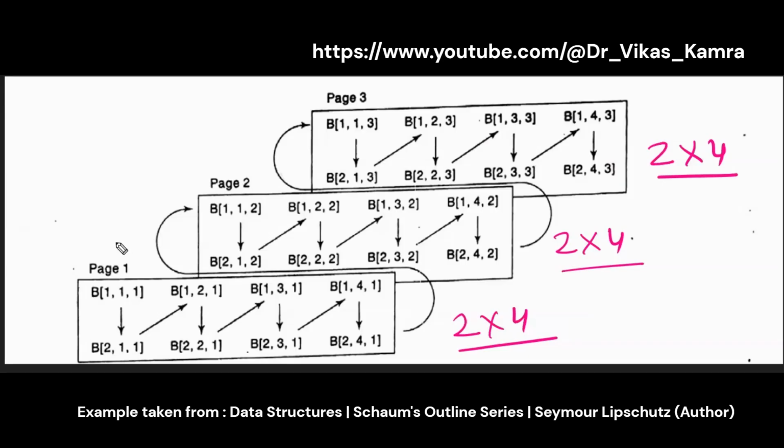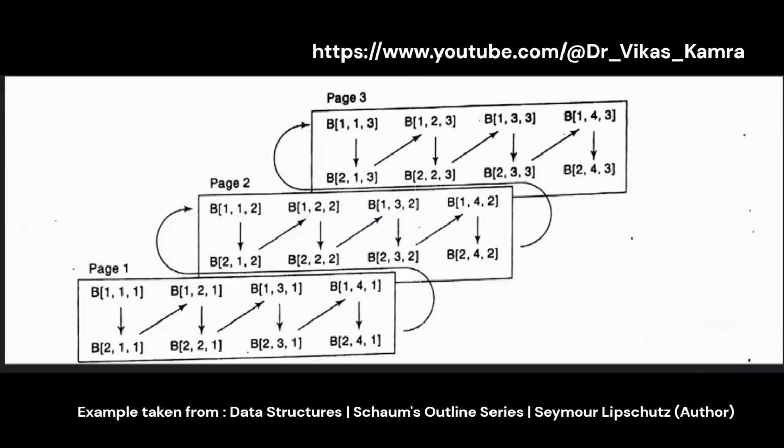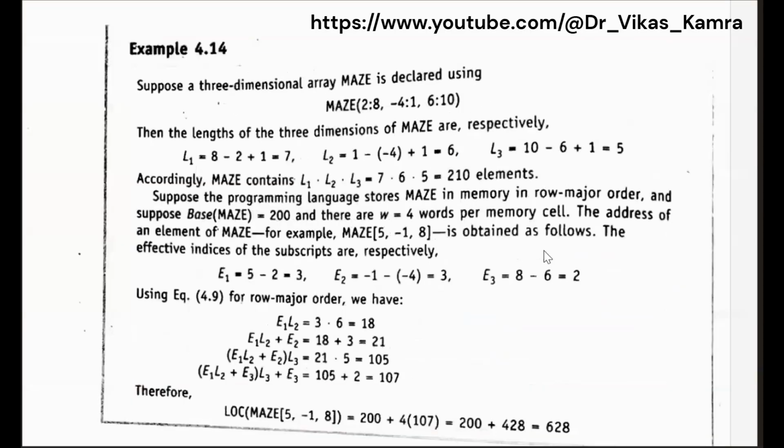So there are a total of 3 pages: page 1, page 2, page 3. So 2 rows, 4 columns and 3 pages. So the total number of elements is 2 into 4 into 3, which is 24. Today we'll cover our example for this particular array of size 2 into 4 into 3.